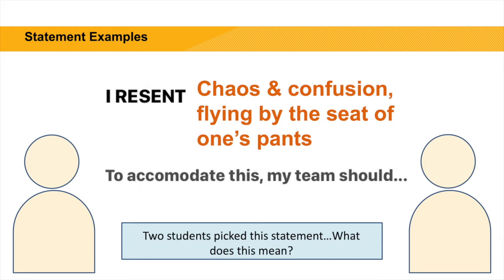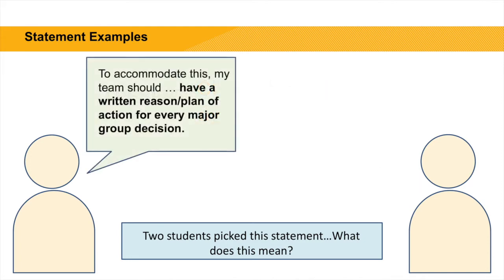What does this mean? Well, the I resent statements can be accommodated in lots of different ways. For student A, to accommodate chaos and confusion, their team should have a written reason and plan of action for every major group decision. This means that they really just don't like chaos and confusion when it comes down to decisions, and they want a written plan.